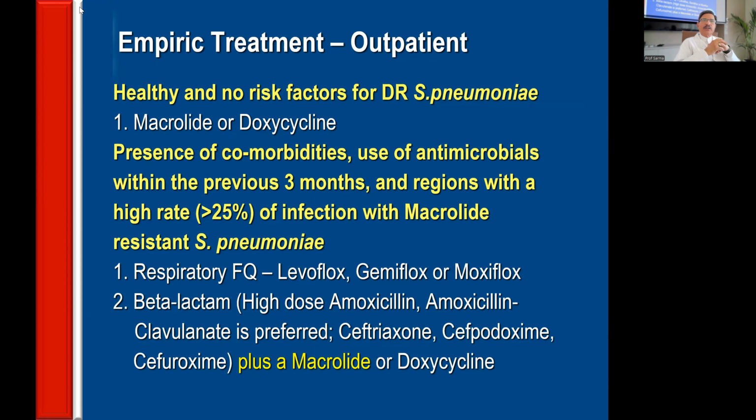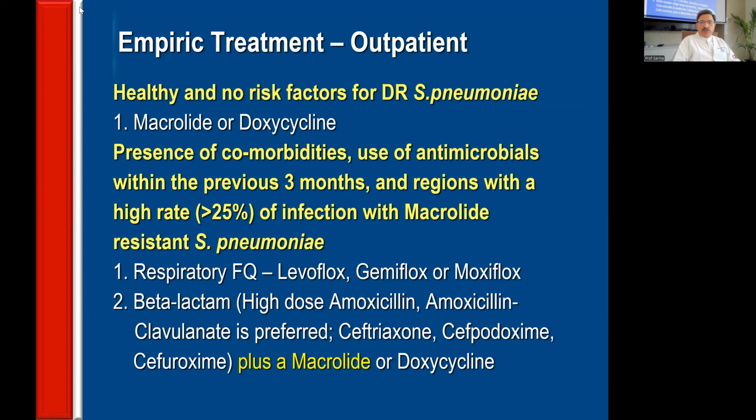Then, of course, he is a candidate for more intense treatment because he is already exposed to antibiotics. And where there is a high rate of infection with macrolide resistant pneumococcus, then a macrolide may not work. Then you have to use a respiratory fluoroquinolone. What are they? Gemifloxacin, moxifloxacin, levofloxacin, gatifloxacin, or a beta-lactam.